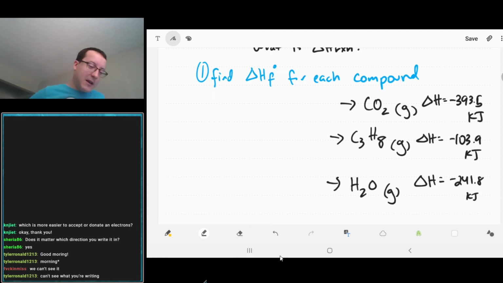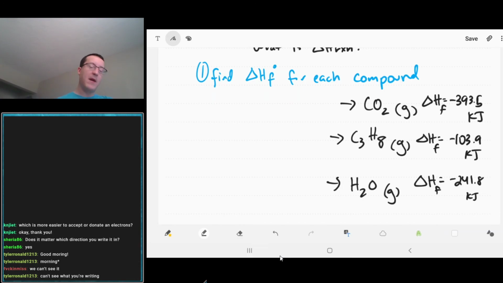If we take a look at these three numbers we've gotten from that big old table, we looked up carbon dioxide, propane, and water. And if we want to find the reaction that would produce these, delta HFs are always from the elements themselves. So we look at each compound and see what elements it is made of, and we will make an equation accordingly.